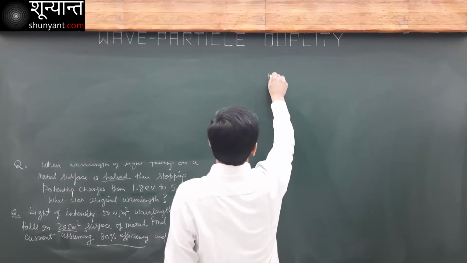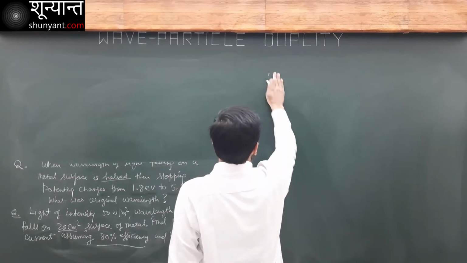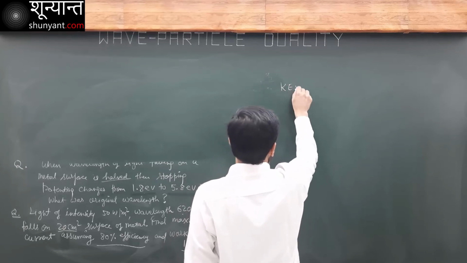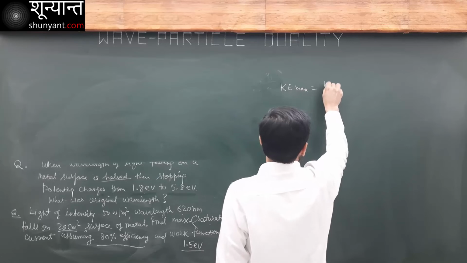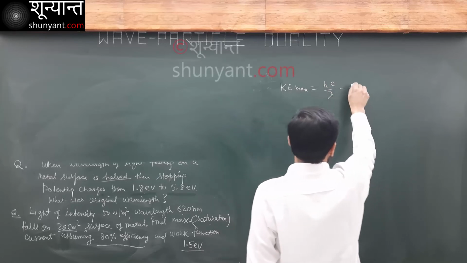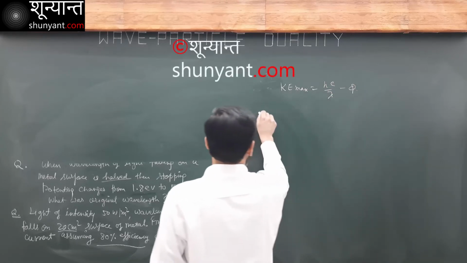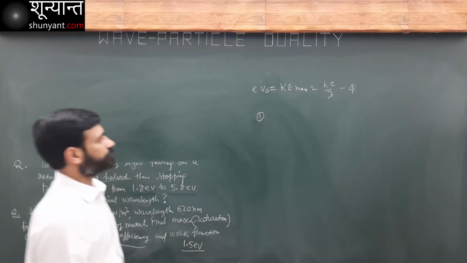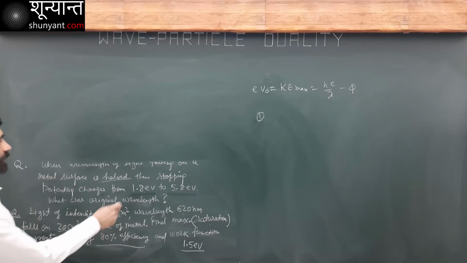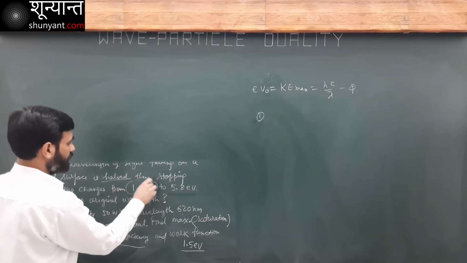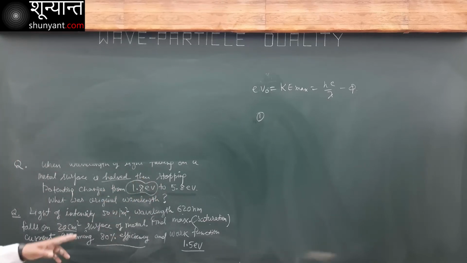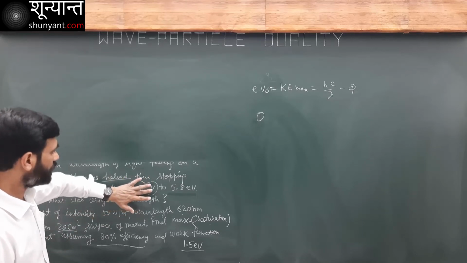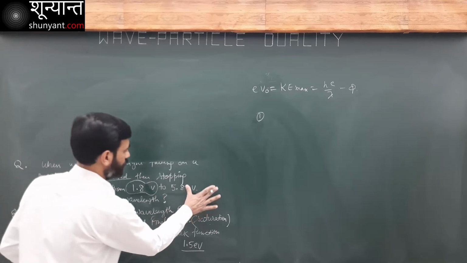So, first case: kinetic energy maximum is hc over lambda minus phi. This is E V naught. Oh no, the stopping potential changes from 1.8 volt to 5.8 volt.